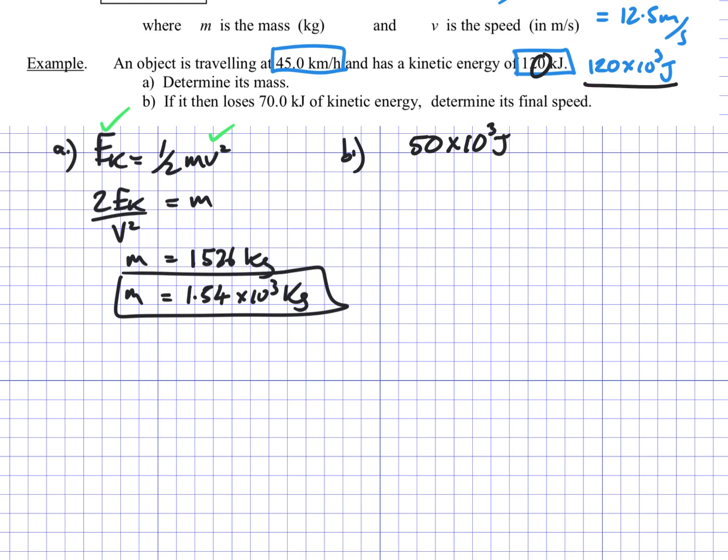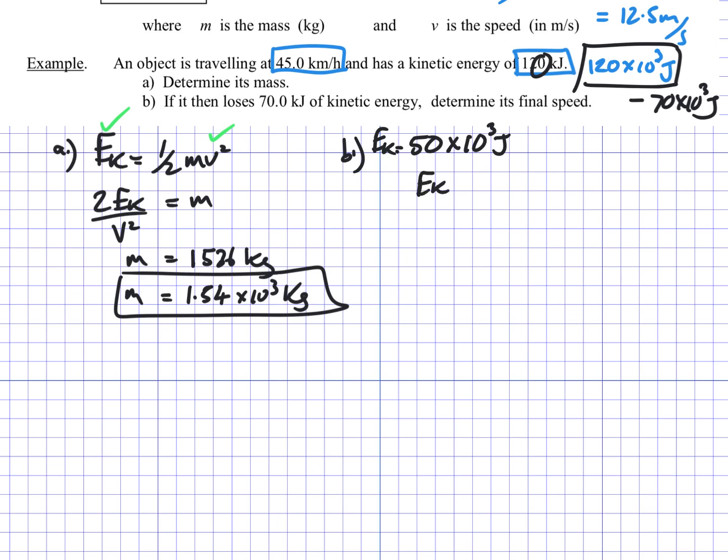So I just took my 120 times 10 to the 3 minus 70 times 10 to the 3, and that's going to give me 50. So the energy that I now have, the kinetic energy, is 50 times 10 to the 3, and I have to solve now for the speed. So let's write it all out.